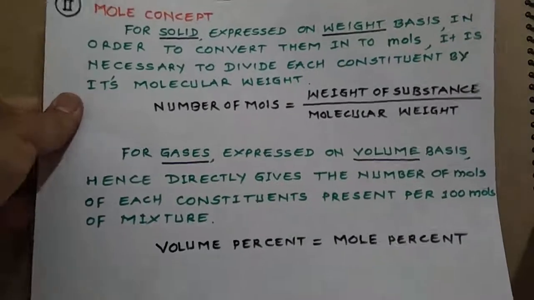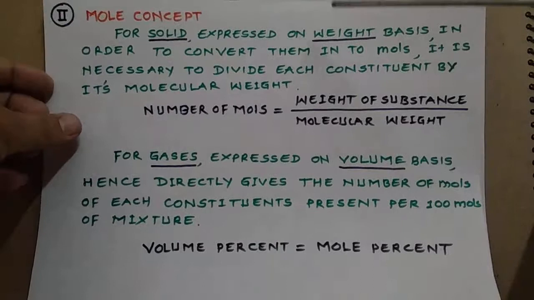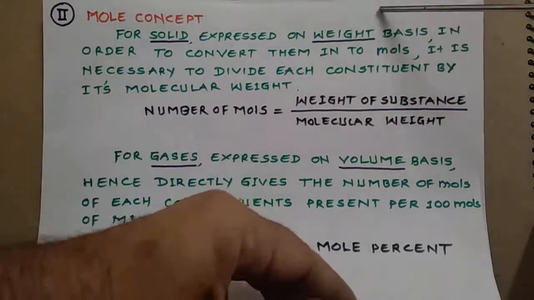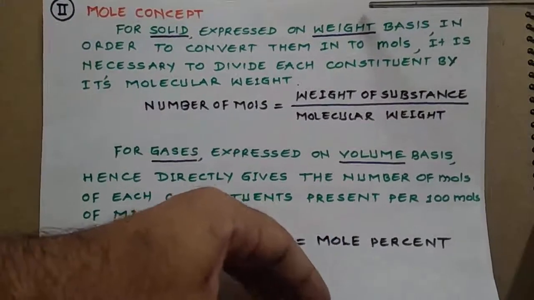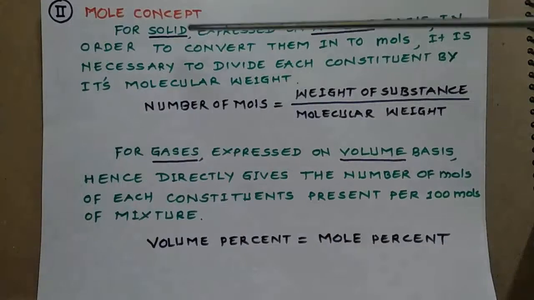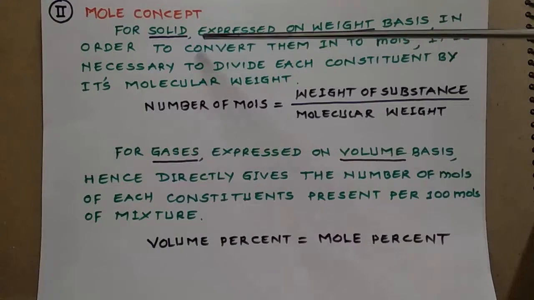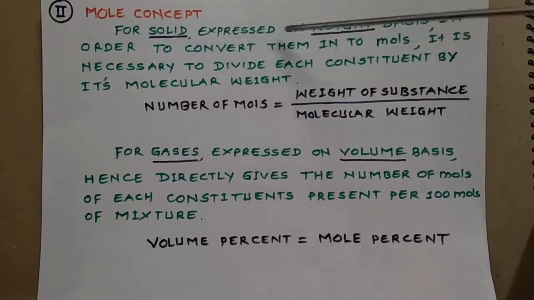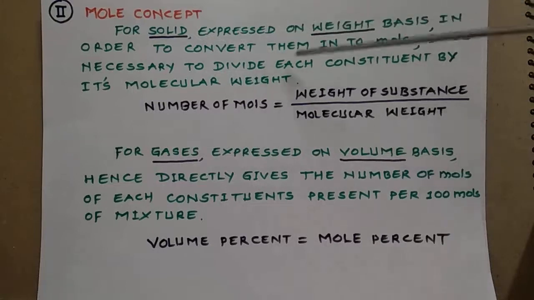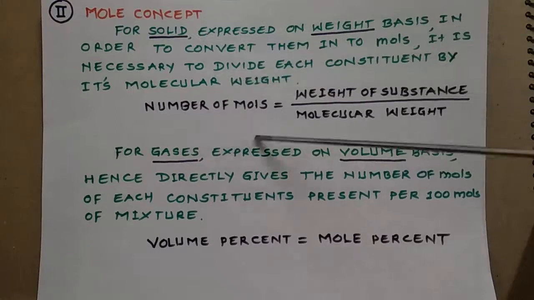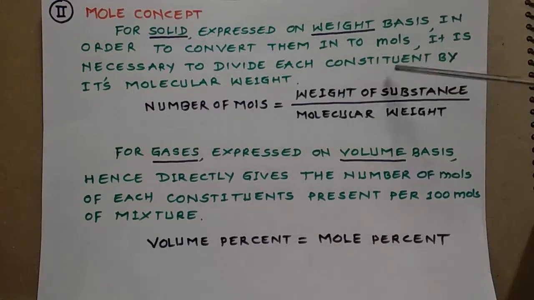Second point is about the mole concept. Now what is this mole concept? Here we have the mole concept for solids and then for gases. For solids expressed on a weight basis, in order to convert them into moles, it is necessary to divide each constituent by its molecular weight.